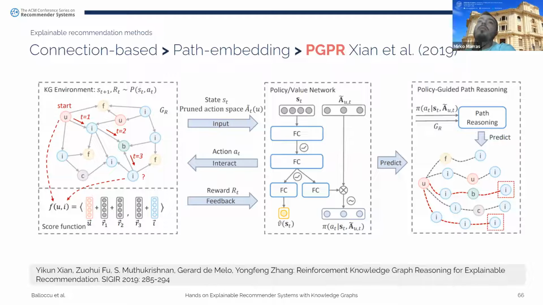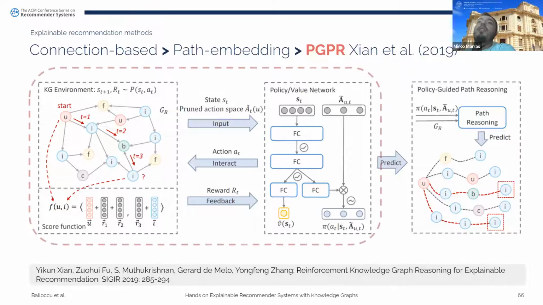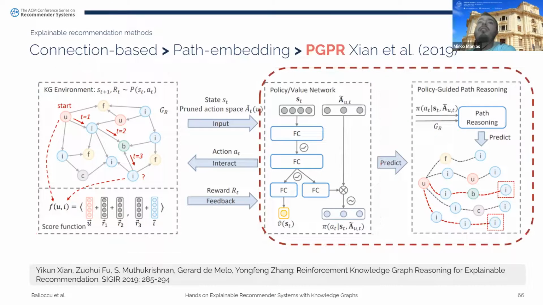The key idea is to train a reinforcement learning agent for path finding. In the training stage, the agent starts from a user and is trained to reach the correct items with high rewards. And in the inference stage, the agent will thus directly walk to correct items for recommendations without having to enumerate all the paths between user and item pairs.